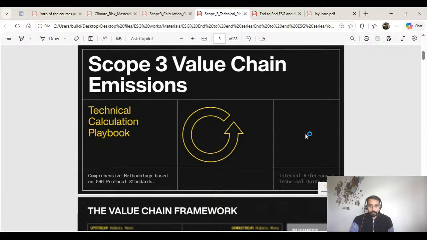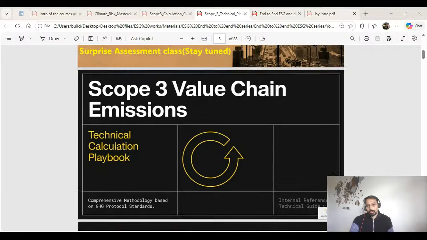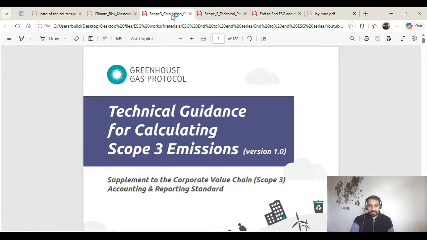So let's start with Scope 3 technical calculations for each and every Scope 3 category. For Scope 3 calculations, it is very useful to understand the GHG Protocol guidance. That guidance is almost 200 pages, and it's written in very technical language.